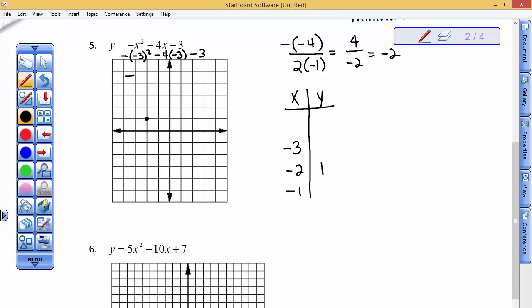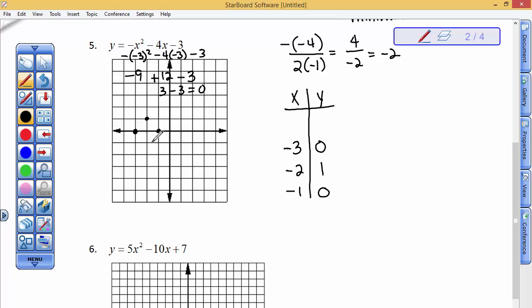Then I'm going to add 12, because I have a minus 4 times a minus 3, and then subtract 3. So a negative 9 plus 12 is 3, and 3 minus 3 is 0. So when x is a negative 3, y would equal 0. That would be true here. When x is a negative 1, y would be equal to 0. So I go to the left 3, and I don't go anywhere in the y direction. And then I go to the left 1, and I don't go anywhere in the y direction.